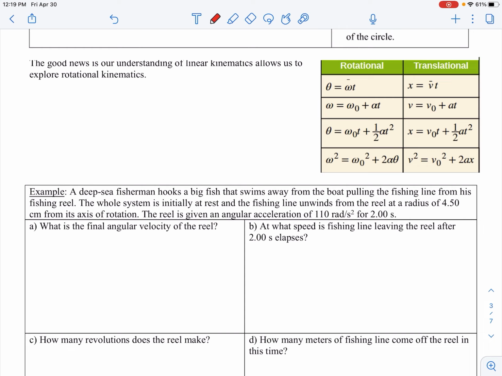However, at this point the reel is going to be accelerating and unwinding. So we're trying to figure out what's going on with the reel itself, and this is where we get into angular motion. So we're focused on the wheel itself.